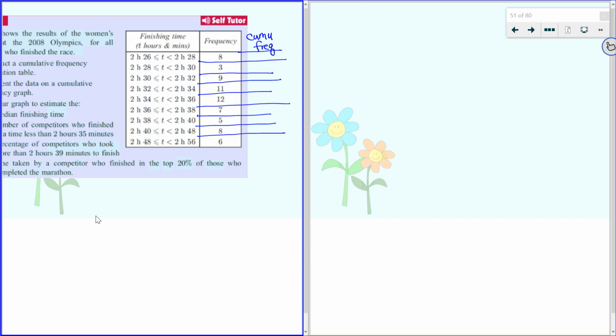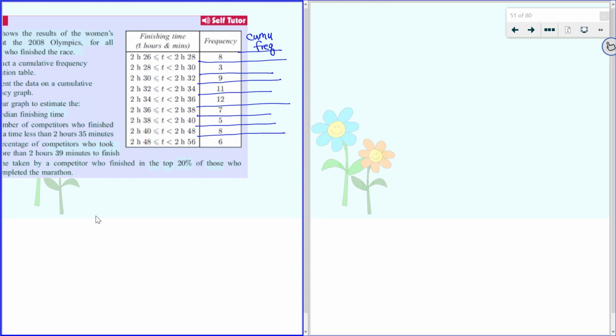All right, so construct a cumulative frequency distribution table. So that's just adding a column that says cumulative frequency. And so let's do that. And then we're going to do a cumulative frequency graph.